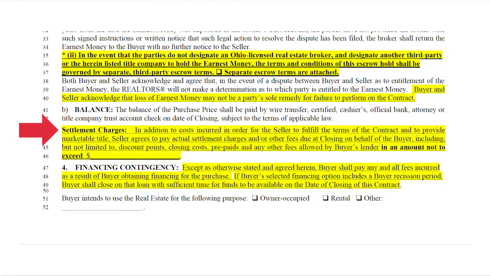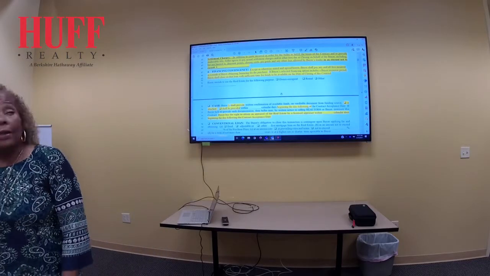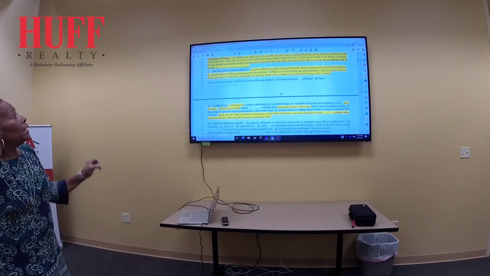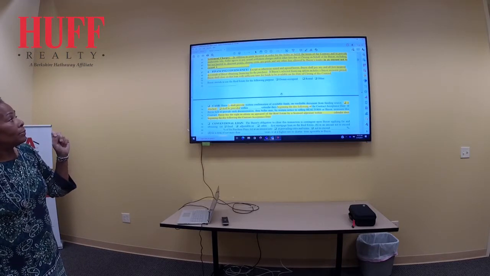So this line 43 dealing with settlement charges is new, and basically for the first time they're trying to clarify what the seller actually has to pay for on the sheet, in terms of the seller paying this and the buyer having that. So this is specifying in the contract itself how that's going to be divvied up.